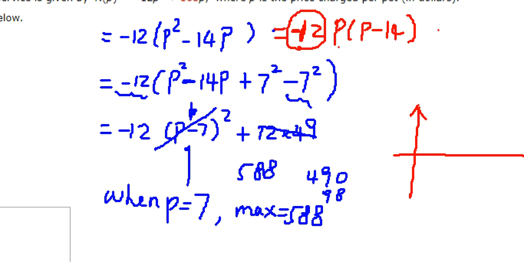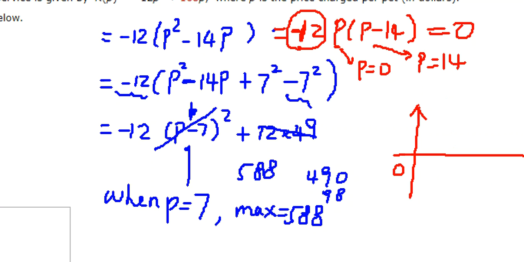Imagine there are 2 zeros, because when you set it to 0, you have 2 solutions: p is 0 and p is 14, since either p equals 0 or p minus 14 equals 0, which gives p equals 14.